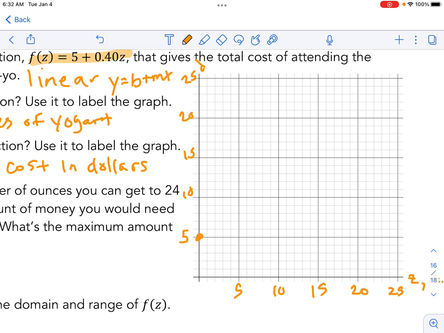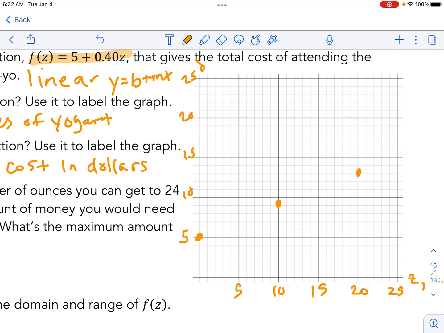So at 10, I'm at $9. Remember that from yesterday? 10 ounces of yogurt would cost us $9. And then 20 ounces of yogurt would cost us another $4. So that would be 13, which is right there.